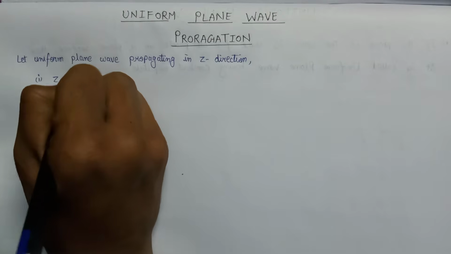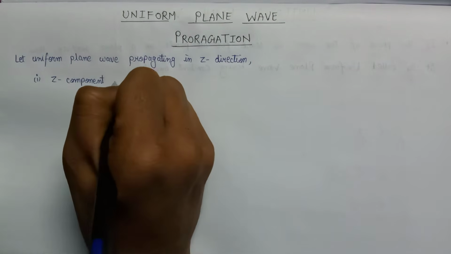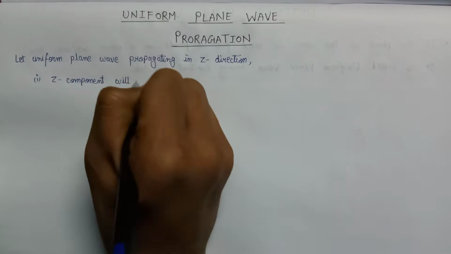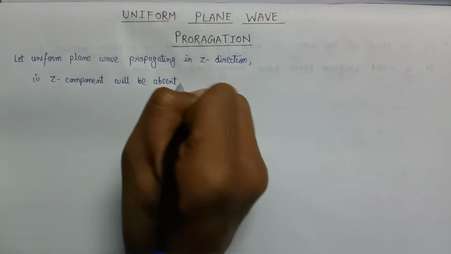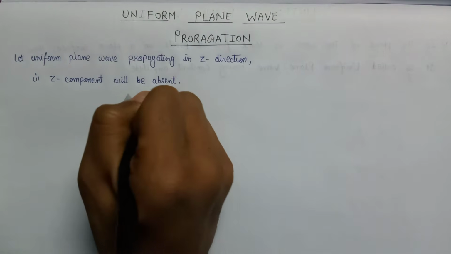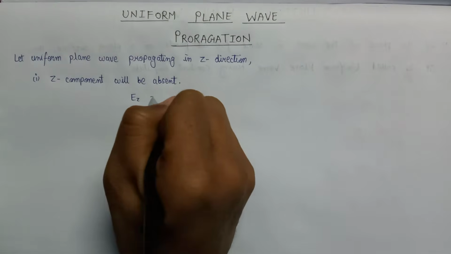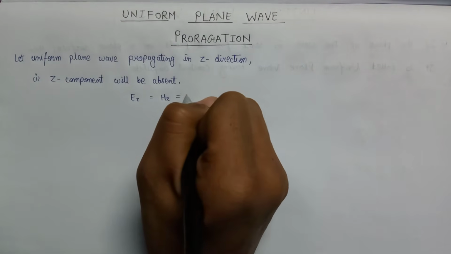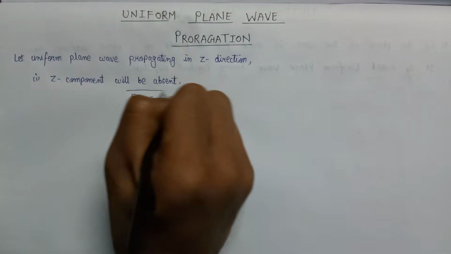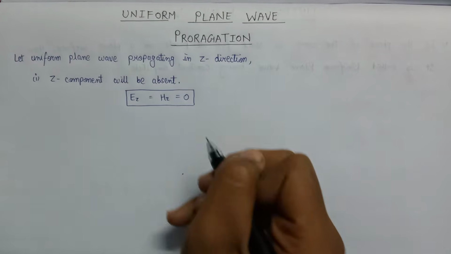So the z component will be absent. It implies that the electric field component, that is Ez, and the magnetic field component, that is Hz, will be equal to 0. So this is condition number 1.